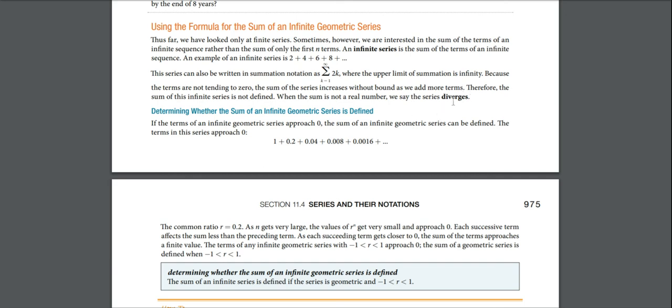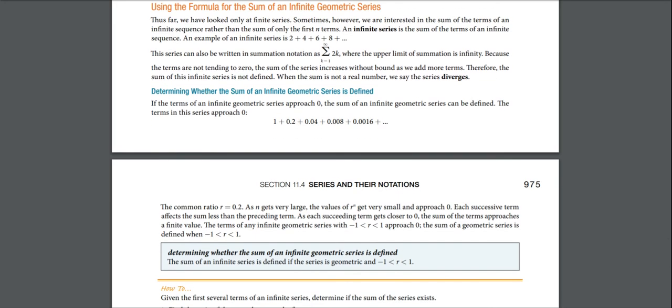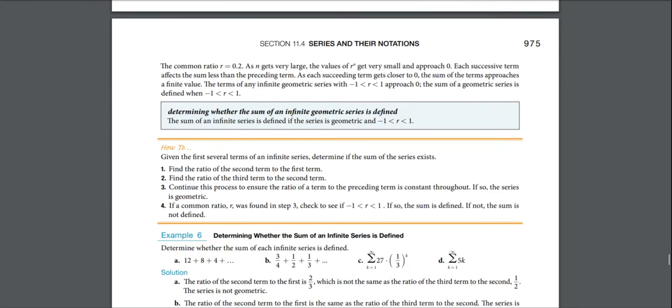So it will diverge, and that means that we're not getting closer and closer to one number. In other words, we're going off to infinity. We can't find a finite sum to an infinite series if it's not geometric and has a common ratio between -1 and 1. We need both of those things.